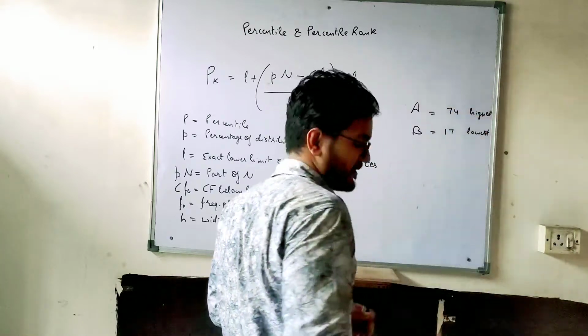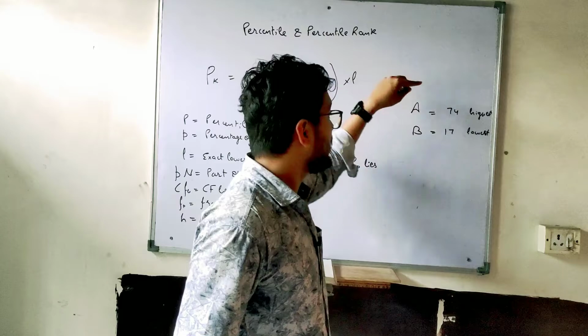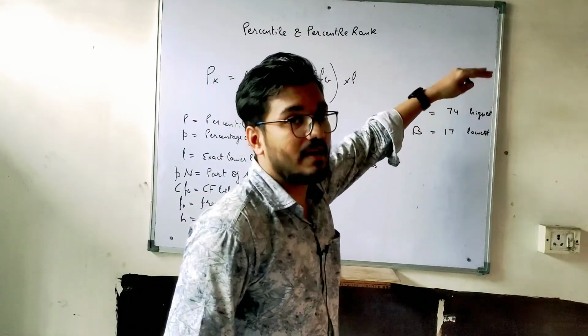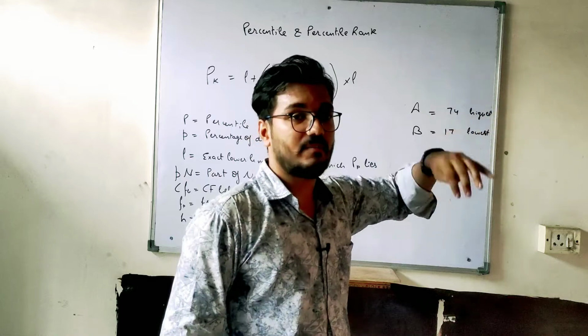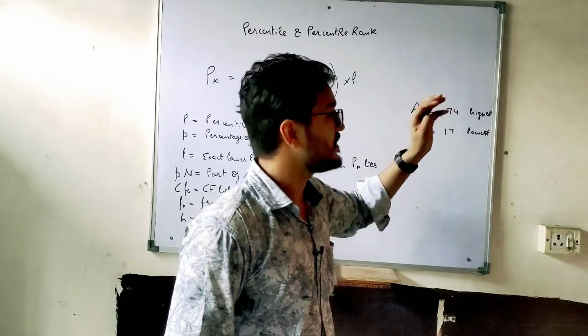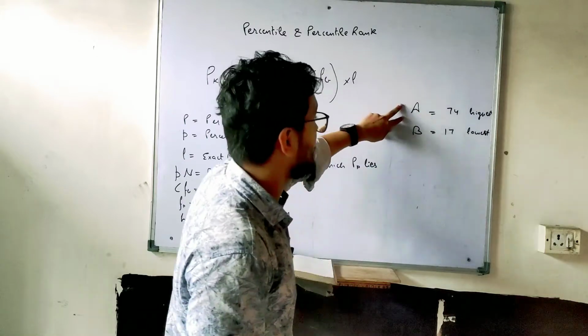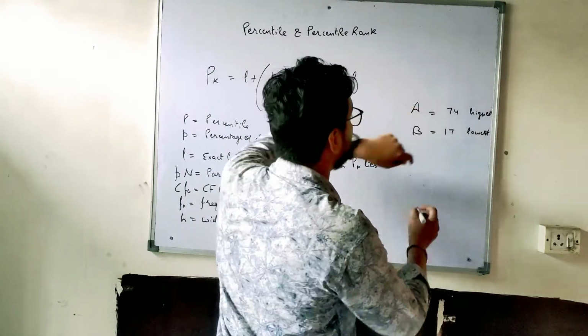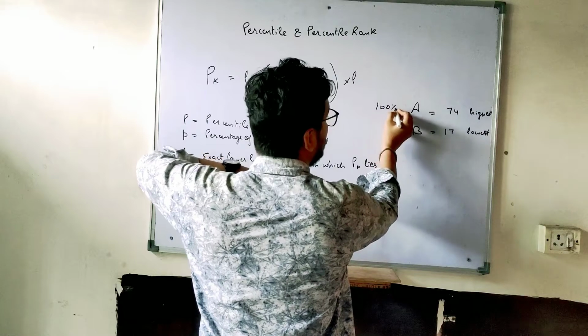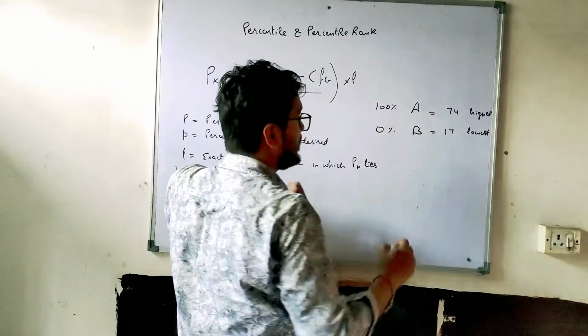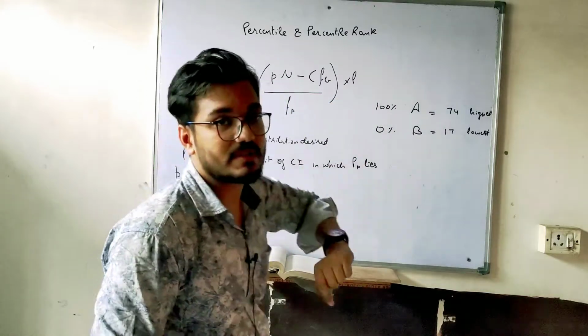So the percentile for the student with 74 will be 100 percentile, because it is the highest, and every other student's marks are below this student. The lowest marks, 17, is 0 percentile.